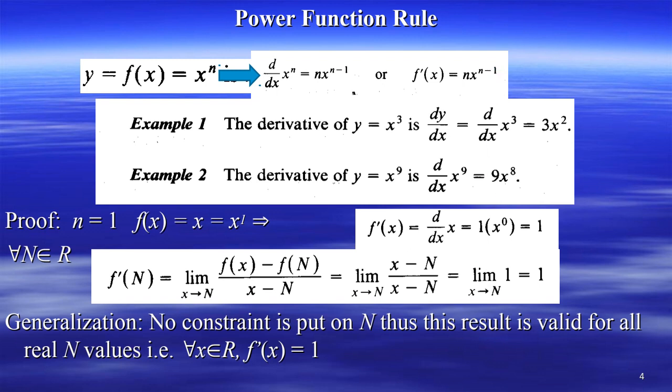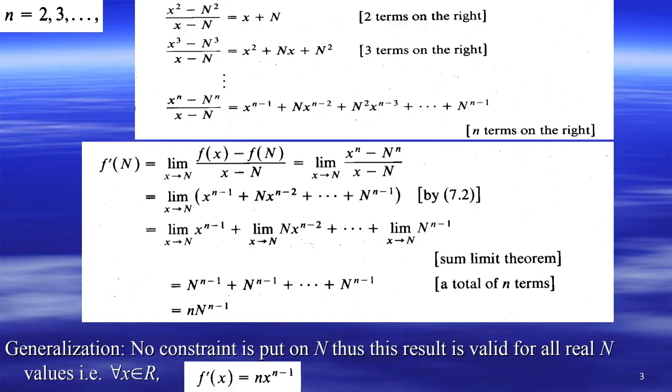All right, so let's prove it. So f prime of N by definition is equal to the limit when x goes to N of f of x minus f of N over x minus N. This is the definition. F of x is x to the power n, and f of N is N to the power n.